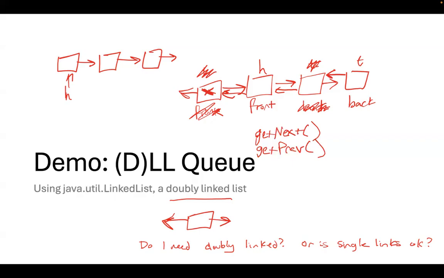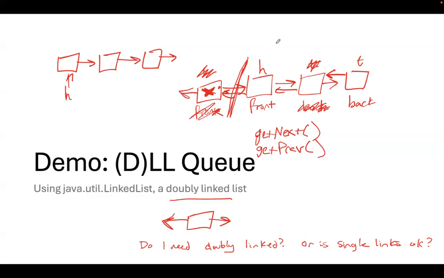So the problem with this, if this is the front of my list and so this is no longer the head, I need to make sure to actually sever this link to say that my new thing in the front does not point back to the old front.